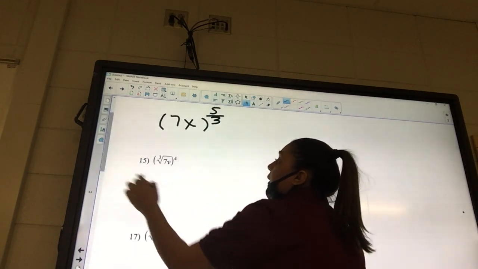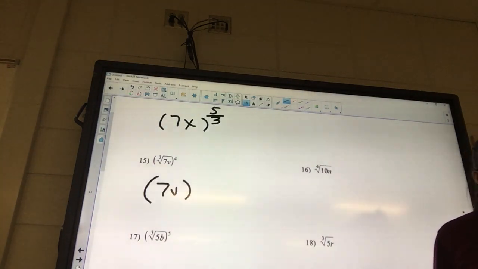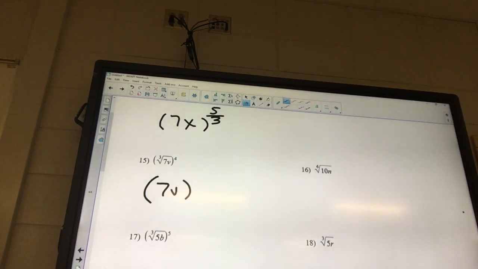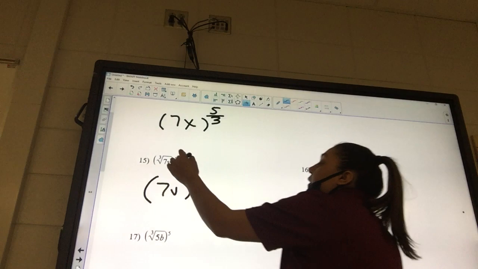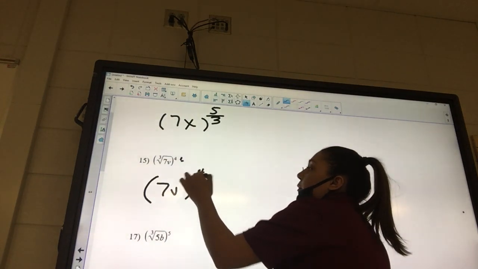So it's going to be 7b. What's supposed to be in parentheses? You don't have them, so you need to put them. This is the safest bet. This one's going to be the inside, so it's going to be 4/3.